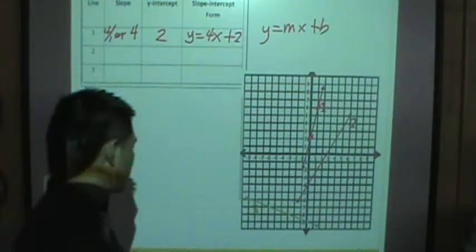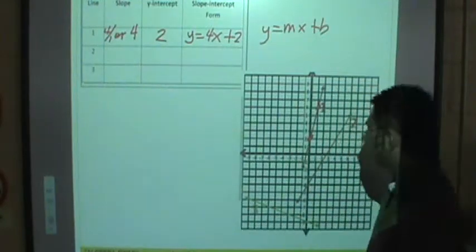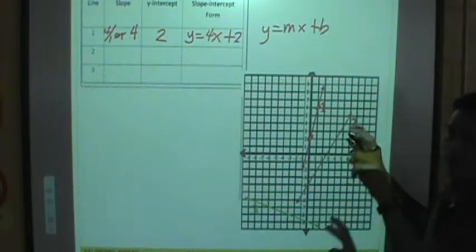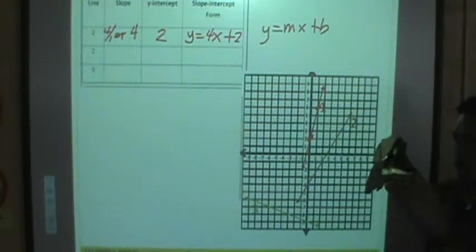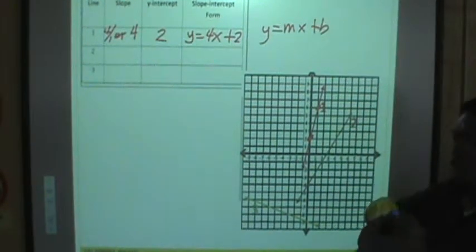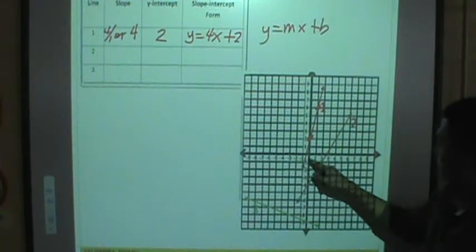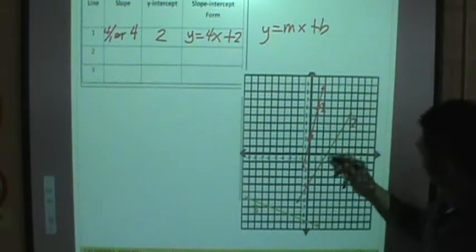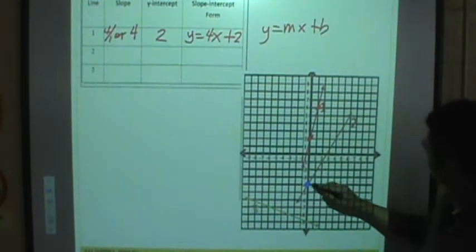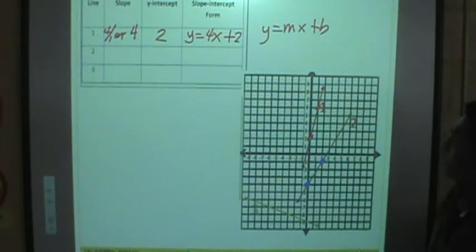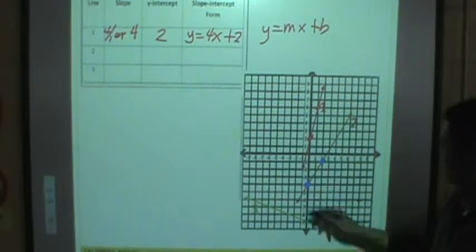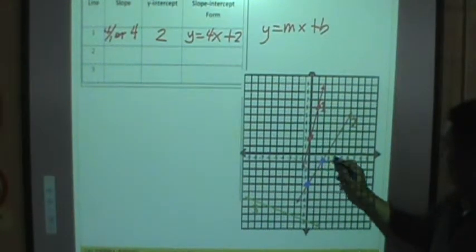Now, next, how about line number 2? Again, find the two points where the graph is crossing the corner of the box here. Okay, say it's crossing -4 and here we go. So let's go ahead and find the slope. 1, 2, 3, 1, 2.